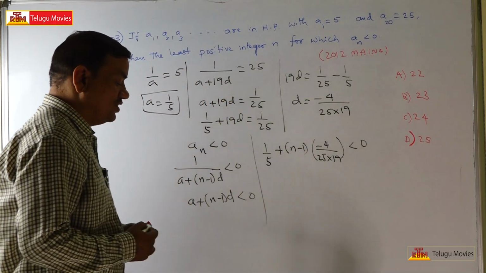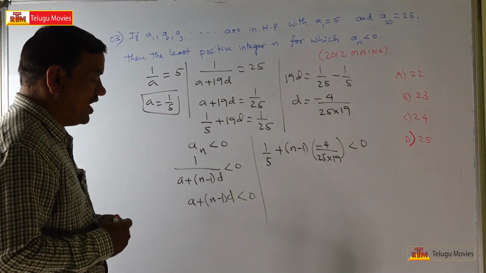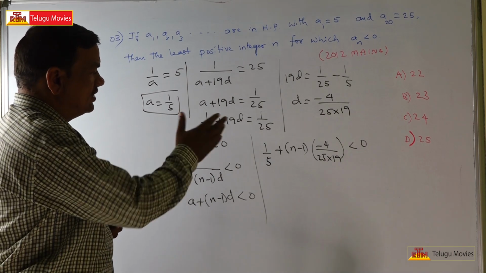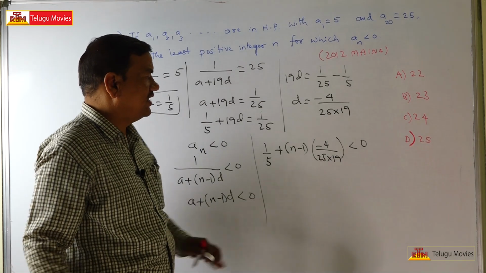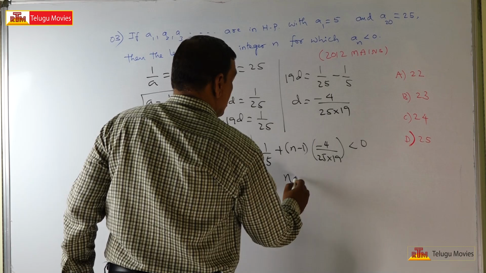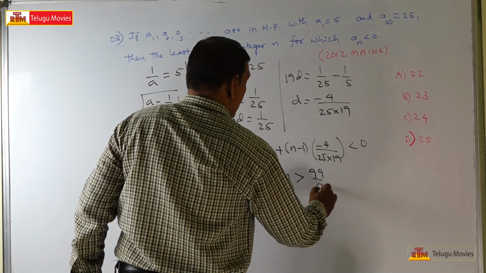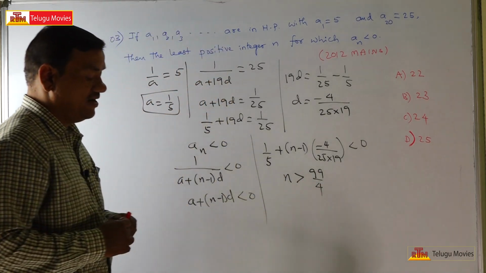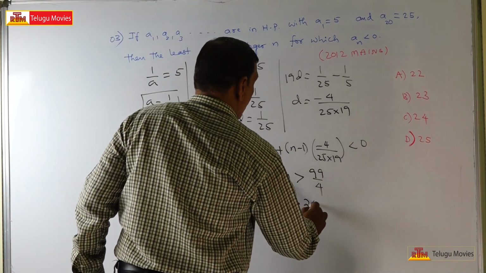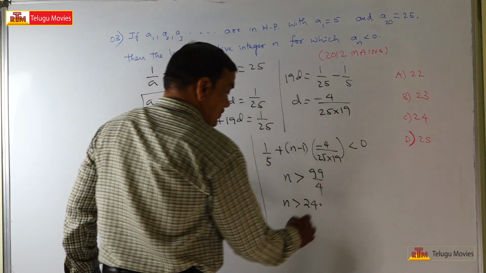Okay. So, if you simplify this, take the LCM of 5, 25, 19. If you simplify that, you will get n is greater than 99 by 4. That is n is greater than 24.75. Okay?